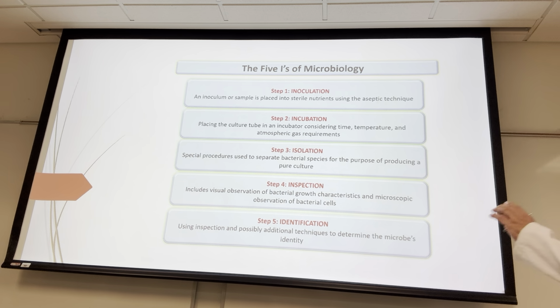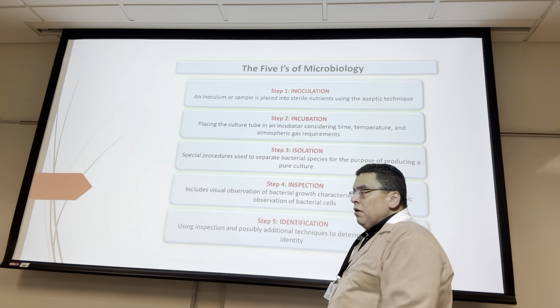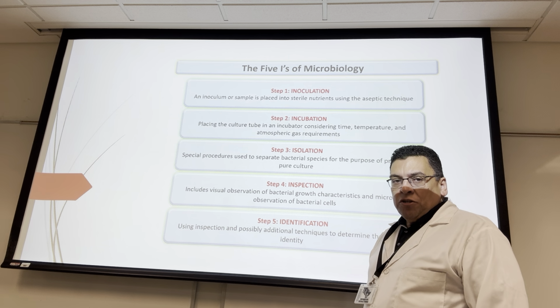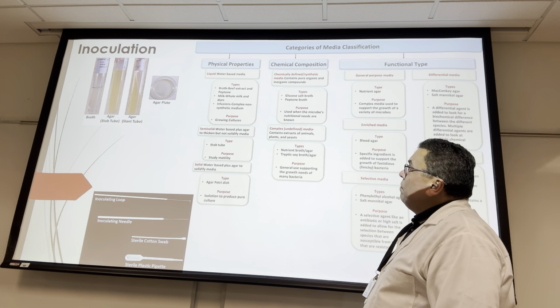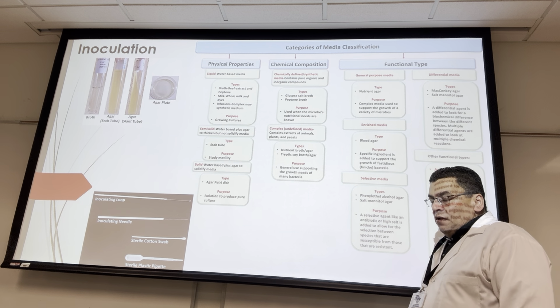All right, so what I'm going to do now is quickly go through each one of them and see what else I need to add under each category. All right, this is inoculation. It is a handful.